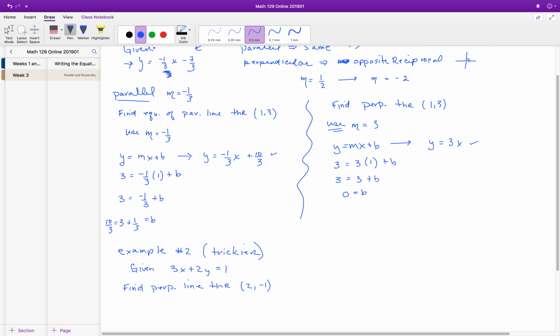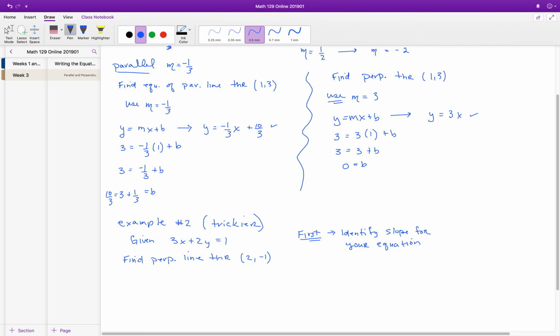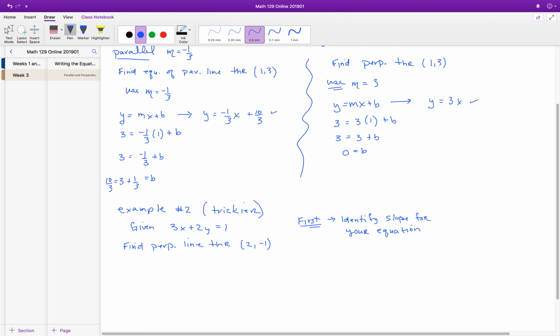The first thing we need to do is identify the slope that you're going to use. Since the given line is 3x plus 2y equals 1, the number in front of the y is only the slope if the equation is solved for y, if it's in y equals mx plus b form.